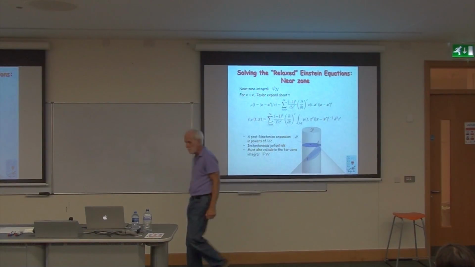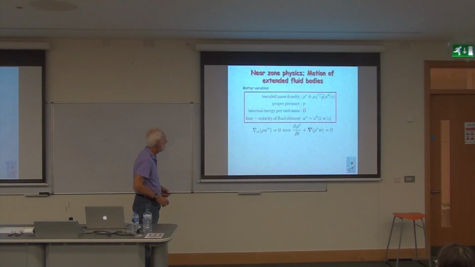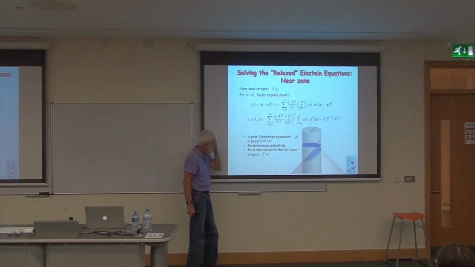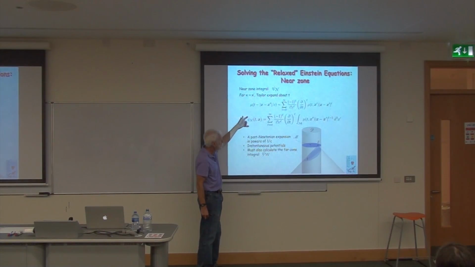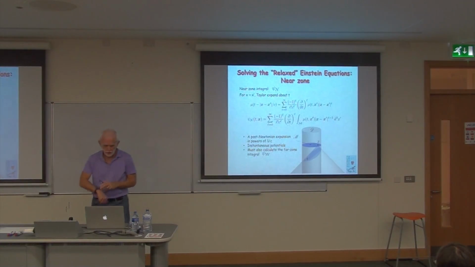Okay, so this will give us, at the end of the day, our field within the near zone. We're going to need that to calculate the behavior of our source variables.